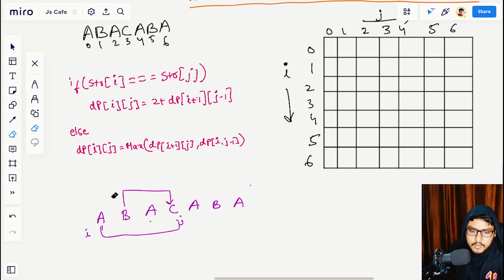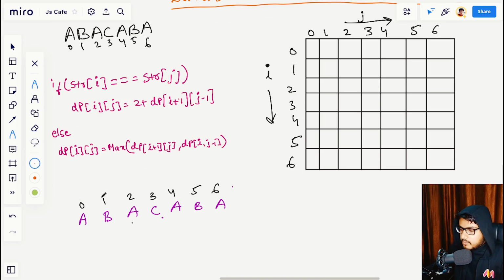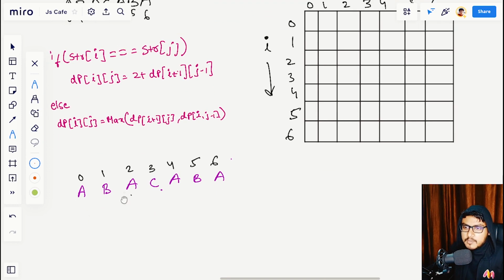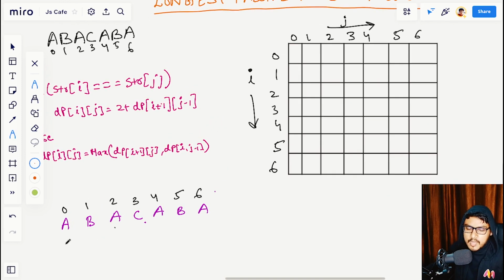Okay, so let us do a dry run of this and try to fill our dp table. In the first case, we were considering only individual characters, so our I and j were at the same place. I is over here and j is also over here. How many maximum subsequences can you achieve if we have only one character?